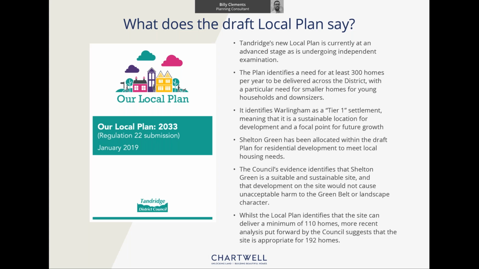As Steve mentioned, Wallingham as a village is identified as a Tier 1 settlement. That's really a reflection of the fact that it's a sustainable location for growth, has access to services, facilities, a wide range of schools, shops, doctor surgeries, but is therefore a focal point for future growth as a result.